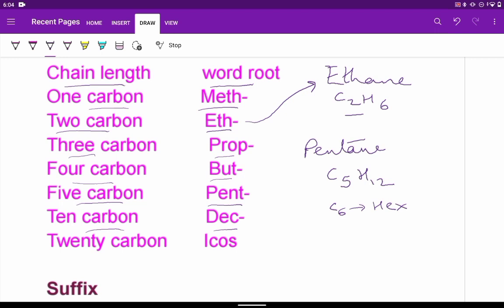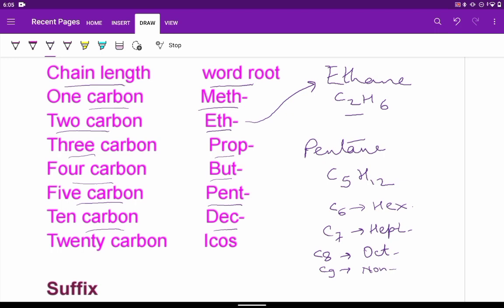C7 will be hept. C8, 8 carbons, oct. C9, 9 carbons, non.